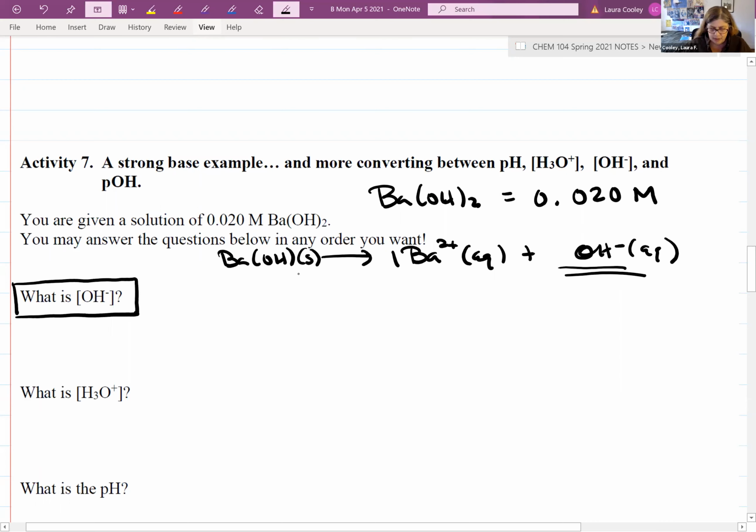For every barium hydroxide, how many hydroxides? Oh, I wrote it wrong. Look at that. There you go. Now I just gave away the answer. You get 2 for every one, okay? Because barium has a charge of +2 and hydroxide is -1. So to even out the charge in the ionic compound, you need 2 OHs for every barium.